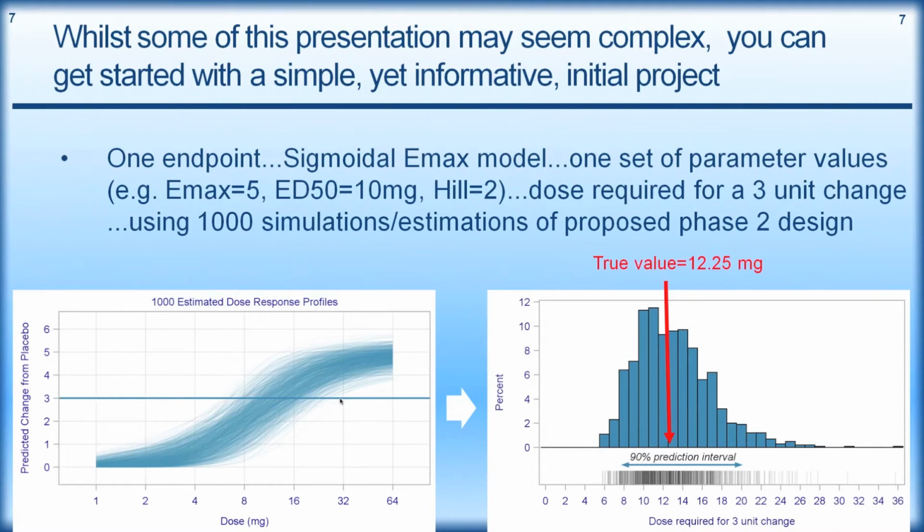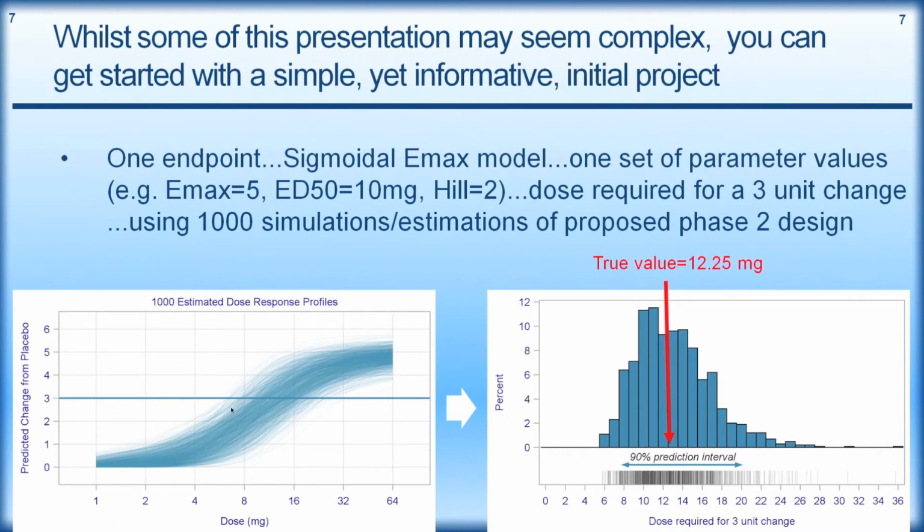So what we could do is simulate a proposed phase 2 study design. We could do that 1,000 times, estimate the dose response curve, and here we have, for example, 1,000 estimated dose response curves. And what we could do is compare the predicted dose required to give a 3-unit change.